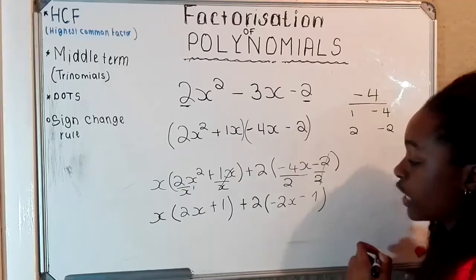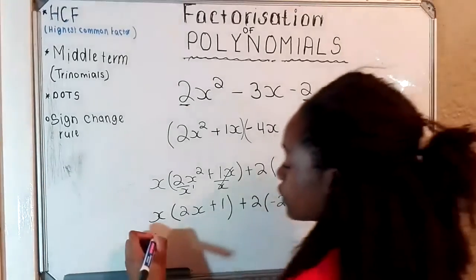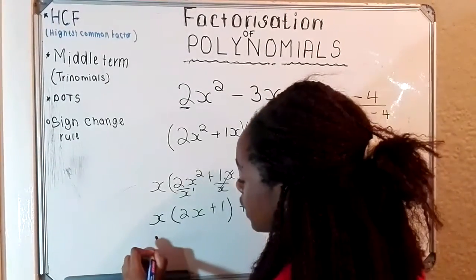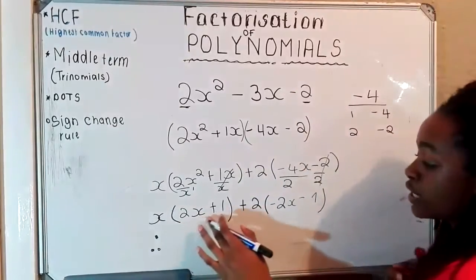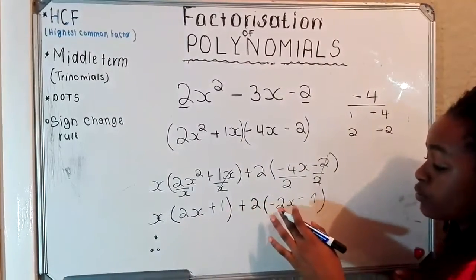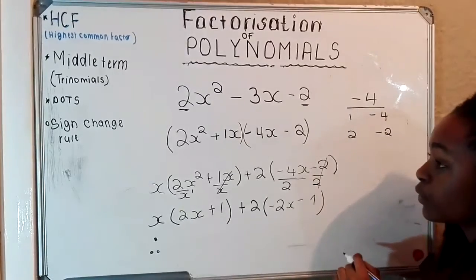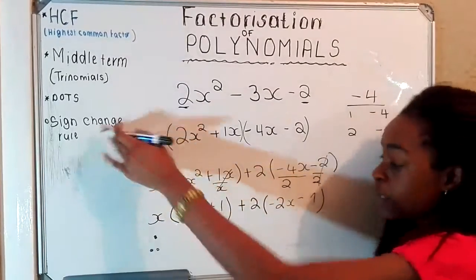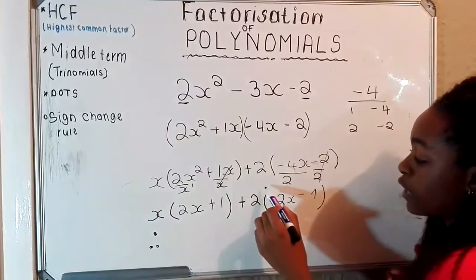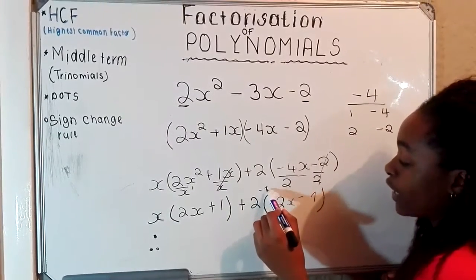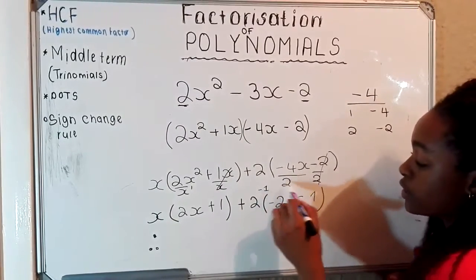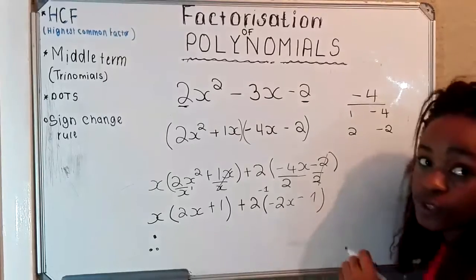Okay? So now, again with the previous one, we see that 2x plus 1 is very similar to minus 2x minus 1, but in order for them to be similar, we can use this sign change rule, okay? So we're going to factor out minus 1, okay guys? So we're going to multiply everything by minus 1 in order for it to be positive.